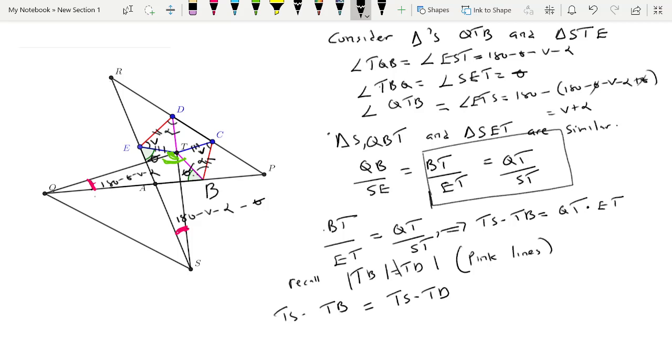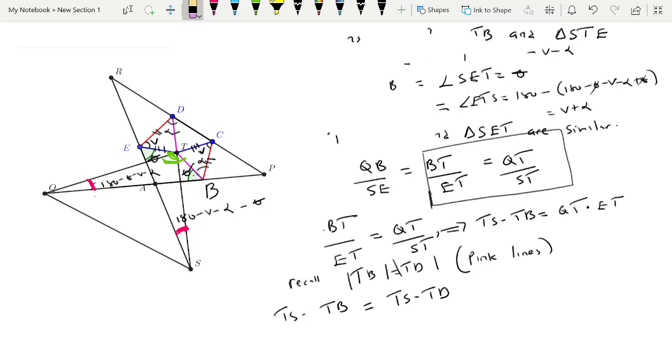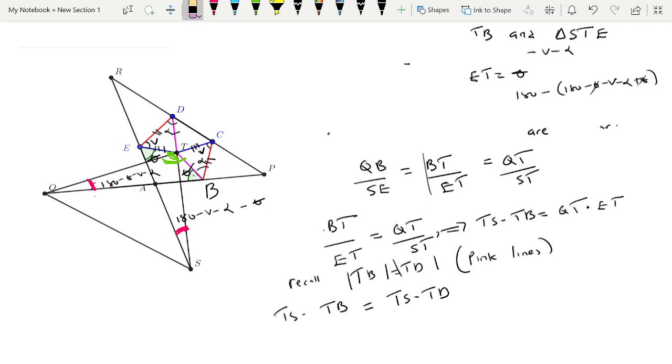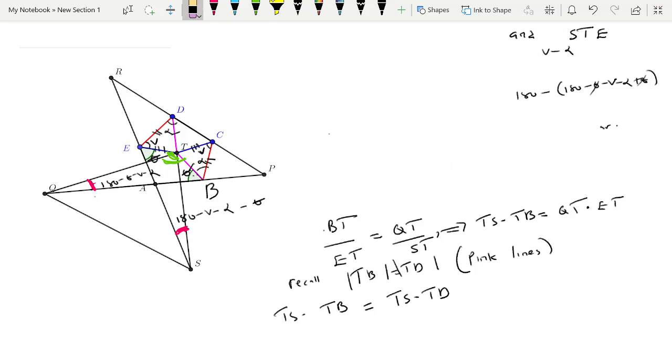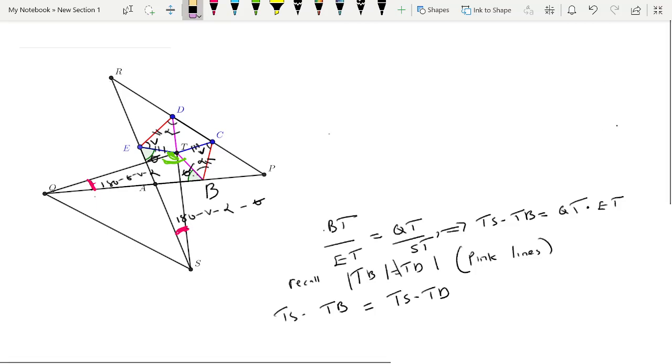Okay, let me clean some of this section. So we know that TS times TB equals TS times TD.